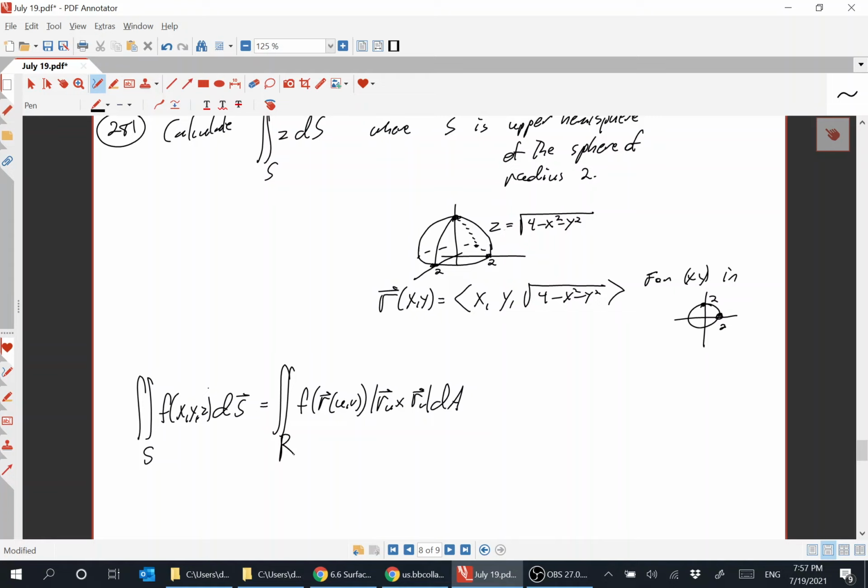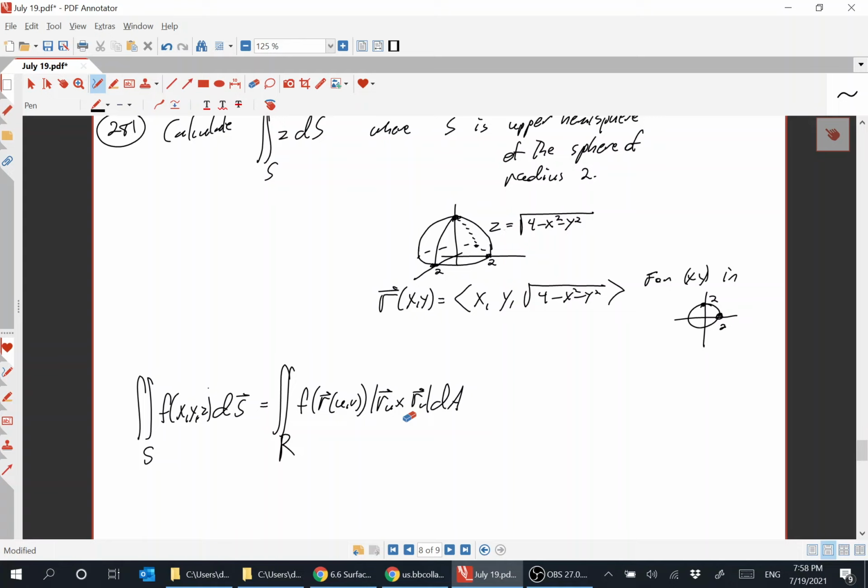So u and v are the variables you're using for your parameterization, and f is evaluated along the surface r given by r(u, v). Here we have r(x, y), so u and v are x and y. Then you take the partial derivatives, r with respect to x, r with respect to y, take the cross product and calculate the length. And it's the double integral of this scalar function dA over the region.